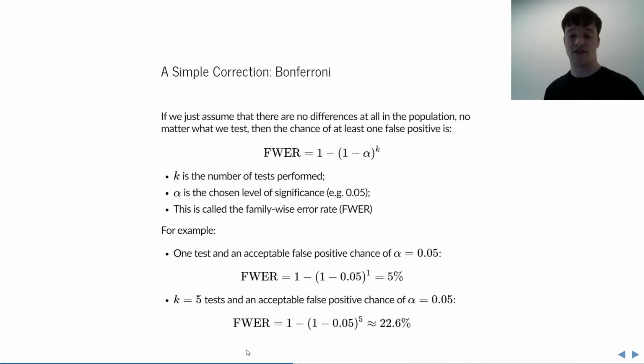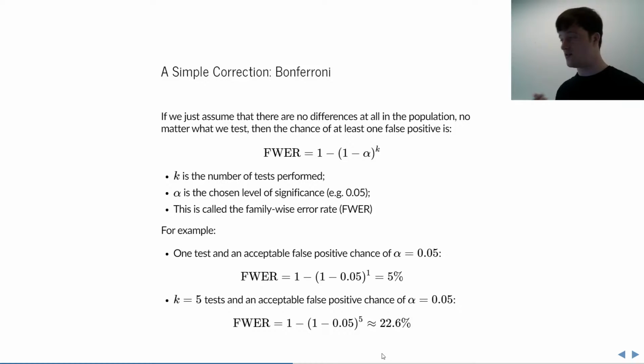So we can calculate from this what the actual chance of at least one false positive is. So if we just plug in the number, one test, and we see that indeed there's a 5% chance of false positive. But let's say that you're doing 5 tests, then the chance of false positive is actually already greater than 1 in 5. It's 22.6%.